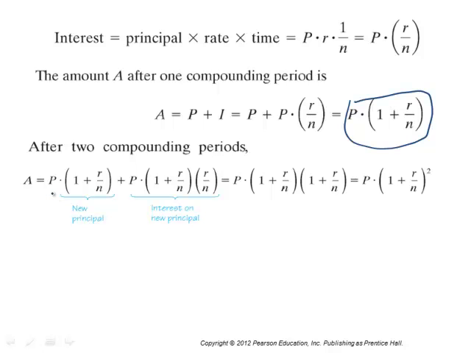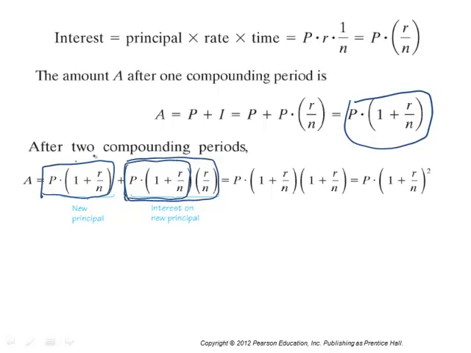And so this right here is our principal, and then this right here, where we multiply by R over N, is going to be our interest. This right here, remember, is the principal times the interest rate times the 1 over N, the fraction of the year.